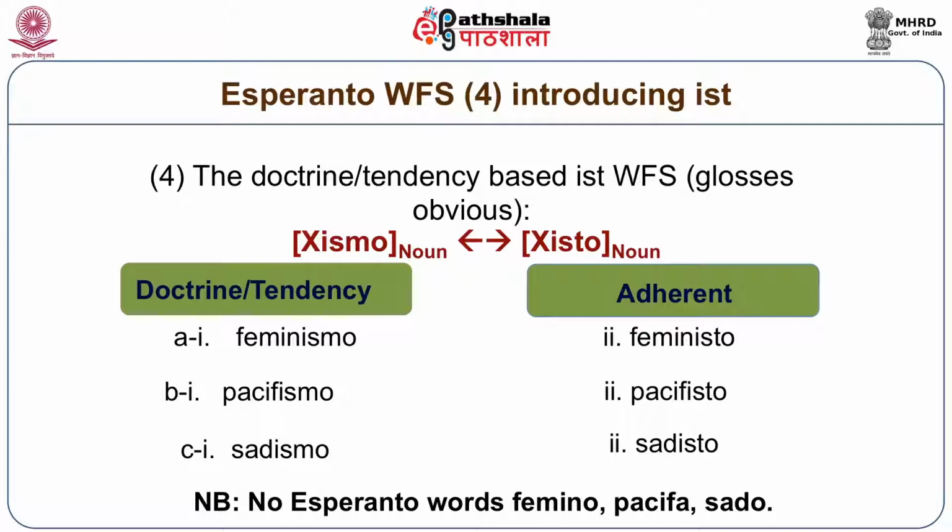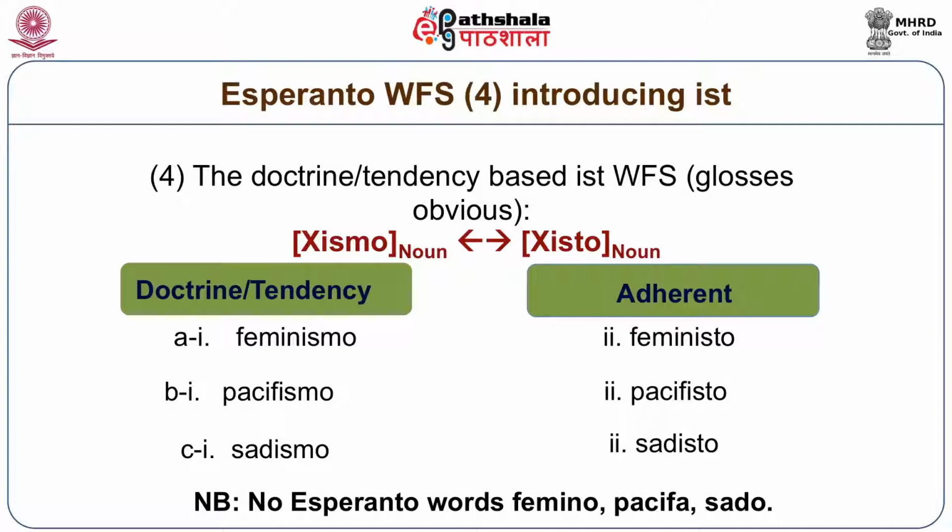The adherents of those doctrines or tendencies are called in Esperanto, as in English basically, feministo, pacifisto, and sadisto. So here your word formation strategy cannot go from exas to existo. It has to go between exismo and existo.